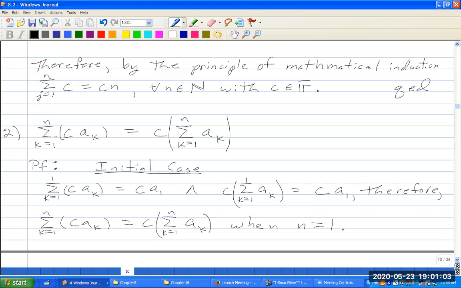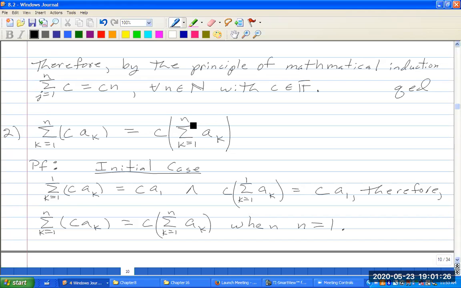So let's do this by induction. Let's first show that if I replace n by 1, this is still a true statement. So let's replace n by 1. And so I get the sum k equaling 1 to 1 of c a sub k is just, well, there's only one term in this sum. It's just c a sub 1.